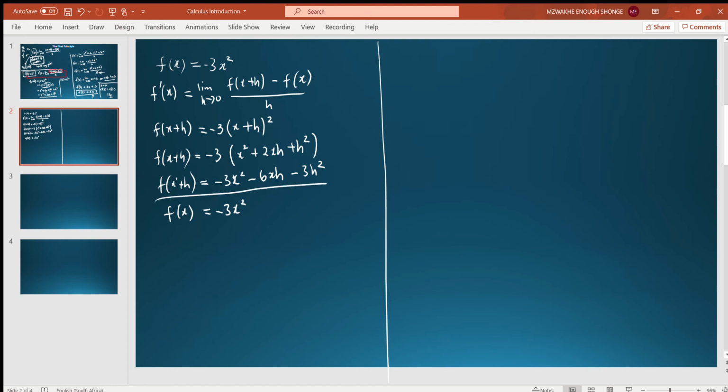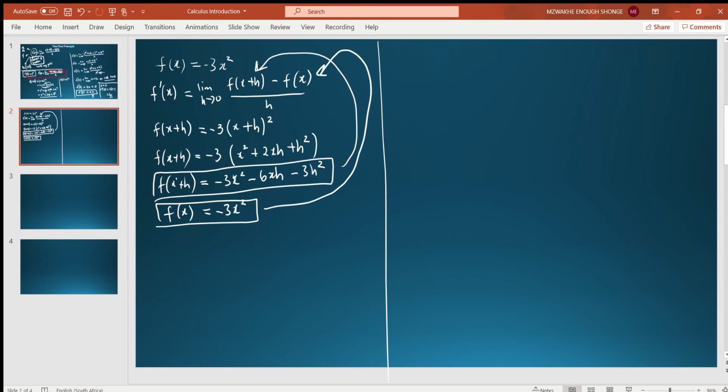Then you substitute these here. So f prime of x equals the limit as h tends to 0 of minus 3x squared minus 6xh minus 3h squared, this is f of x plus h, then minus f of x, which is minus 3x squared, in brackets, all over h.